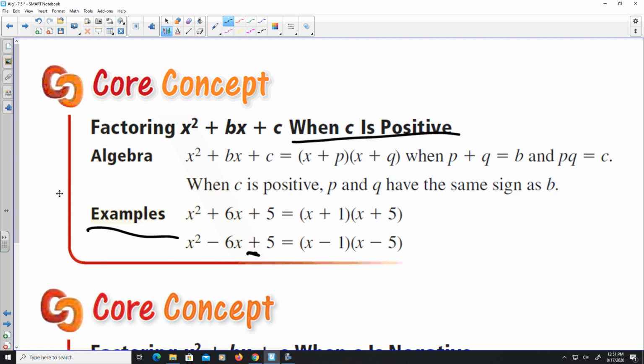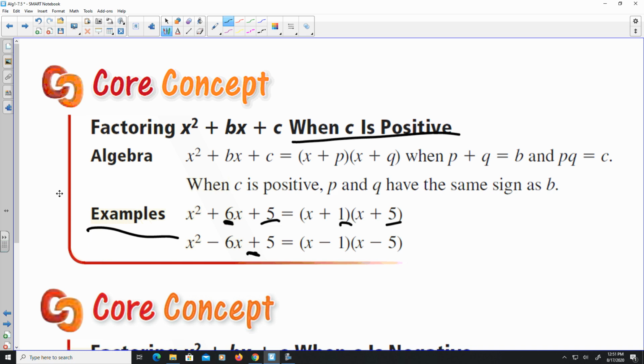Once you realize that the signs are the same and you establish what that specific sign is, then you have to ask yourself two questions. You have to choose two numbers here and here where their sum is going to equal b and their product is going to equal c.